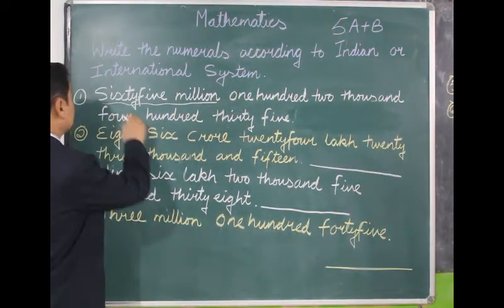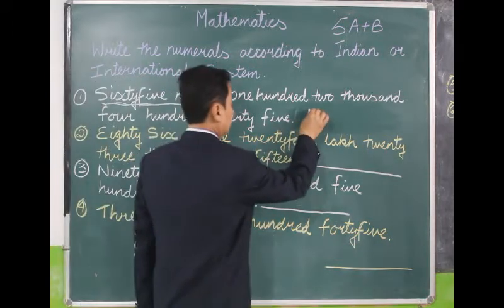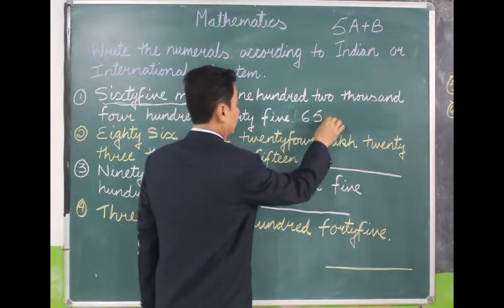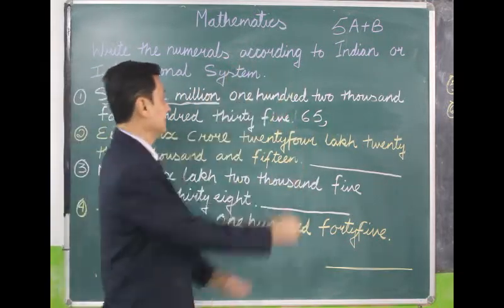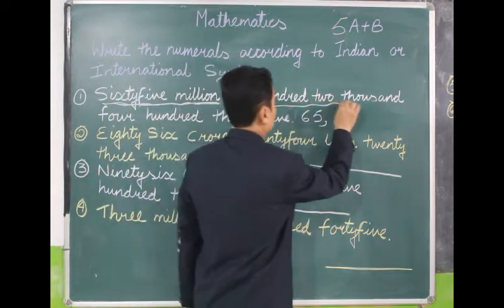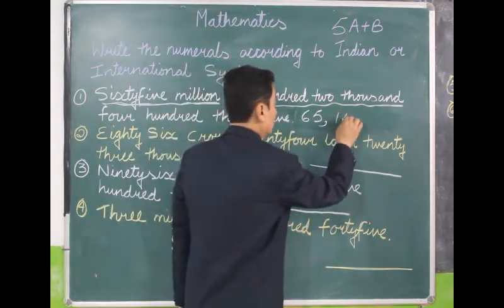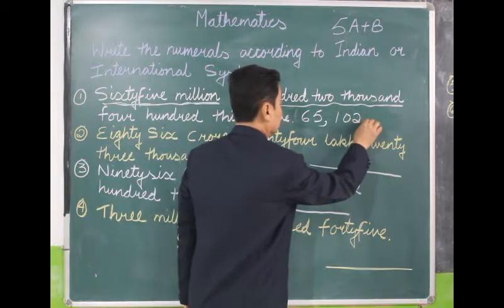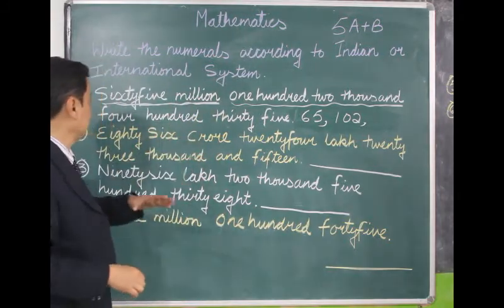So let's take this first. 65 million. Just write 65 million, comma. Okay. Now we move on to the next place value. 102,000. Put a comma because we are moving on to the next place value.